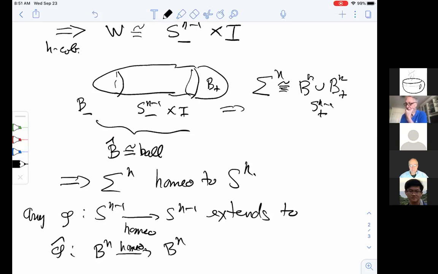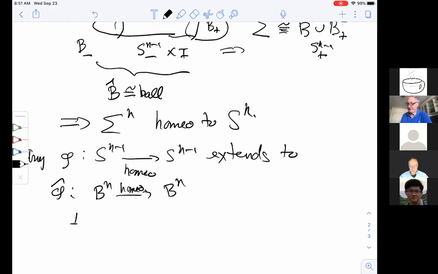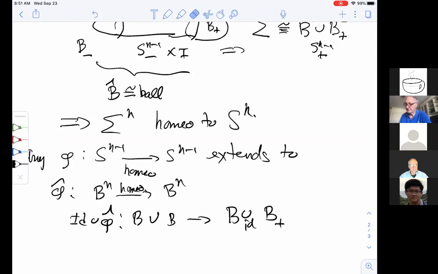It's quite easy. But given that, we have two balls and we've got a diffeomorphism gluing their boundary together. But that diffeomorphism extends to a homeomorphism over, say, B plus. So you can take the identity union phi hat, mapping B union B plus into the union over the identity B plus, where this was glued together by phi.